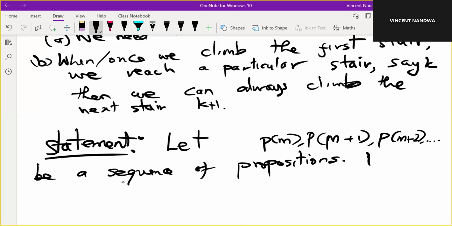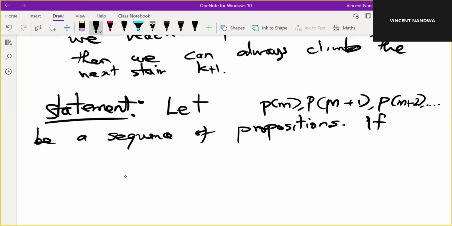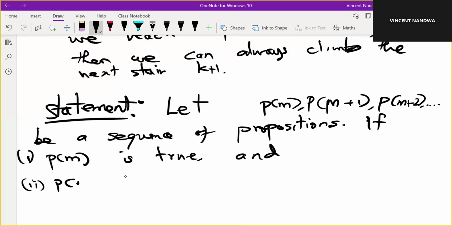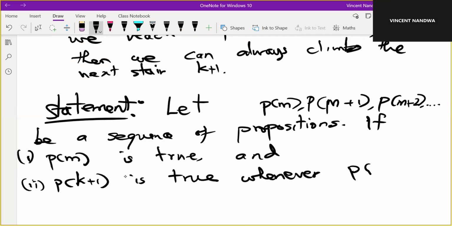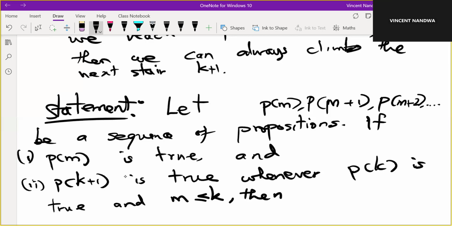So if P of M is true, and P of K plus 1 is true whenever P of K is true, and this number M is less than or equal to K, then all the propositions are true in that sequence.